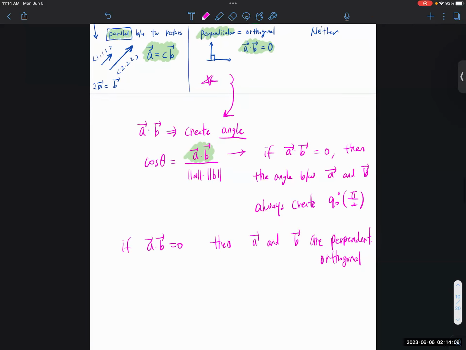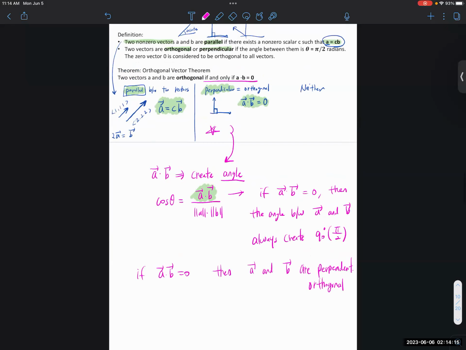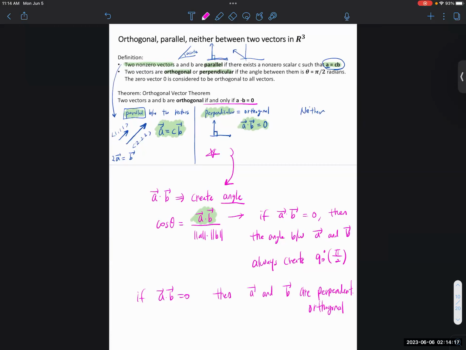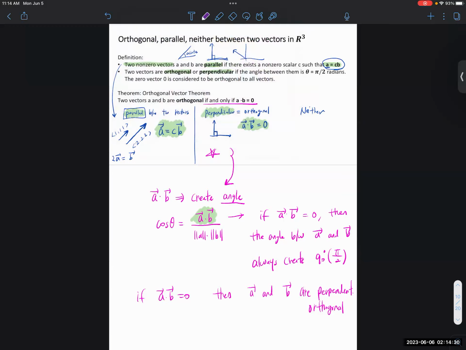Orthogonal is very important. So check out the parallel and perpendicular relationships between two vectors. Since we have this concept, let's take a look at a couple of examples, where you prove whether two vectors are parallel or perpendicular. Let's take a look at the next example.